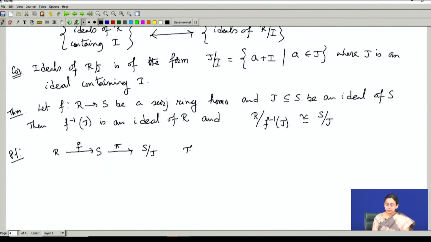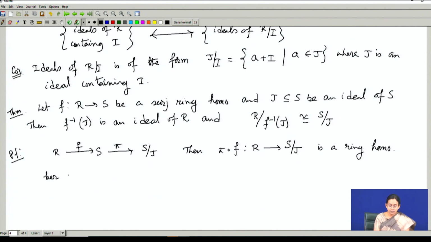Then, if I talk about this composition, pi composition F is a map from R to S quotient J. This is a composition of two ring homomorphisms, therefore, this is again a ring homomorphism, and not only that, this is also a surjective ring homomorphism because F is surjective and pi is surjective.